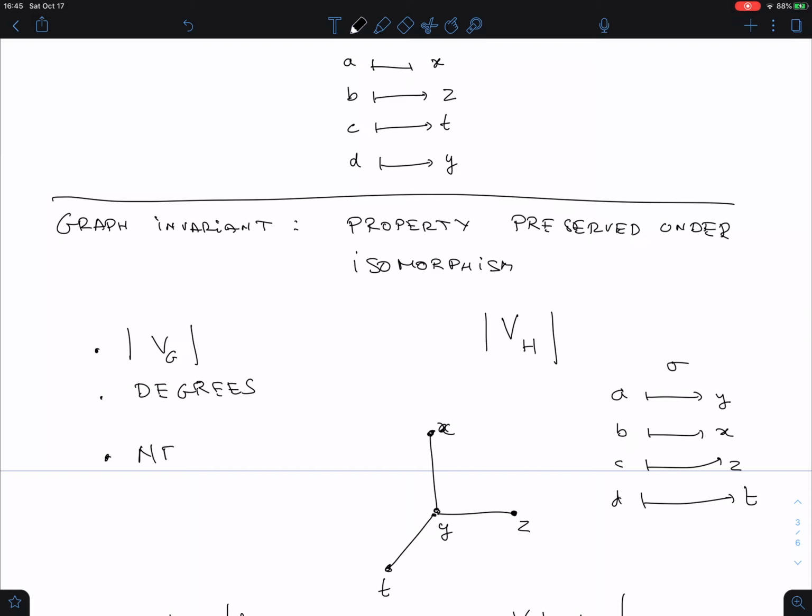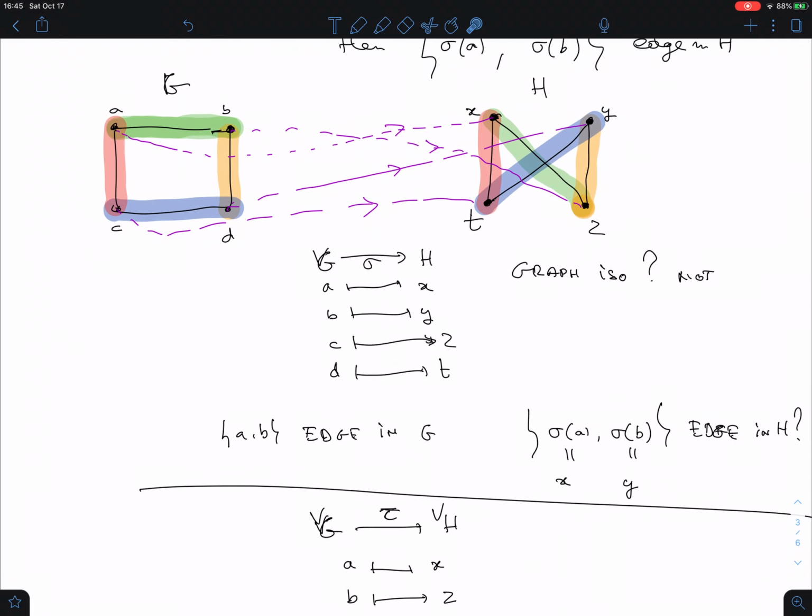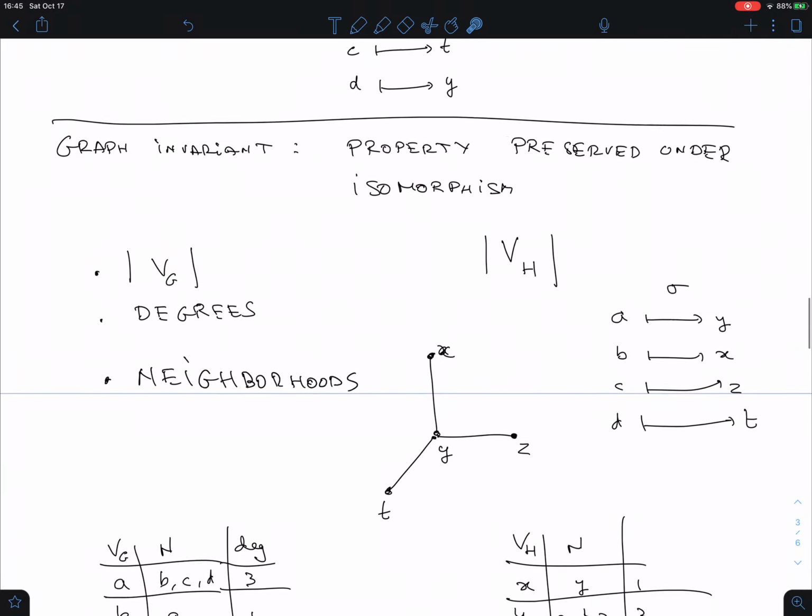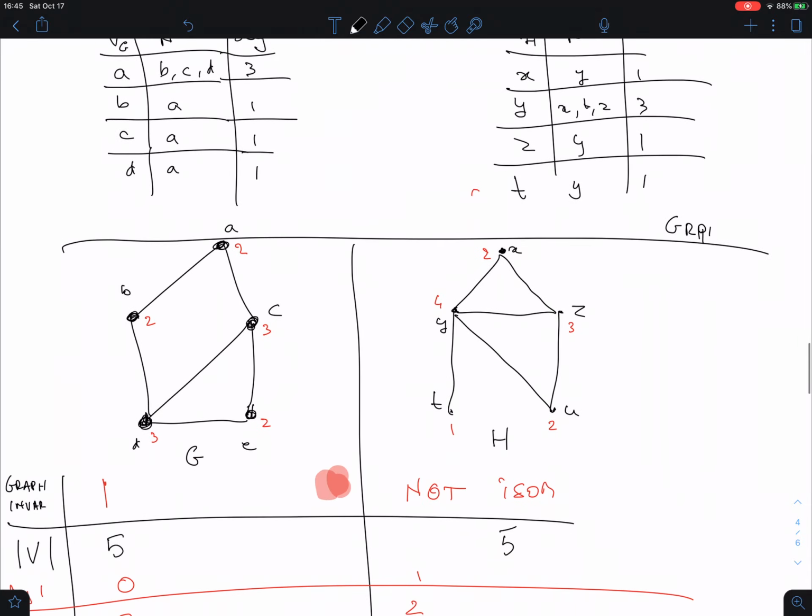Neighborhoods are graph invariants for the same reason: we are not only mapping a point, we are mapping the edges of the point at the same time. This point C is mapped to T, but its 2 edges are mapped to T's edges, because A is mapped to X and D is mapped to Y. So not only vertices are preserved, but also these edges, and therefore the neighborhoods are preserved.